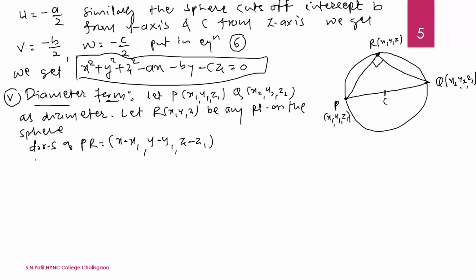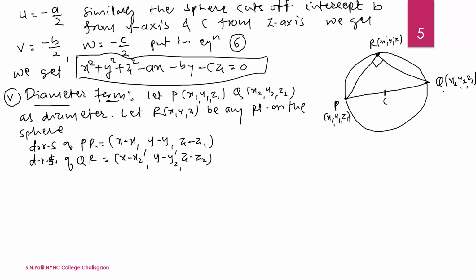Similarly, the DRs of QR are x minus x2, y minus y2, z minus z2.